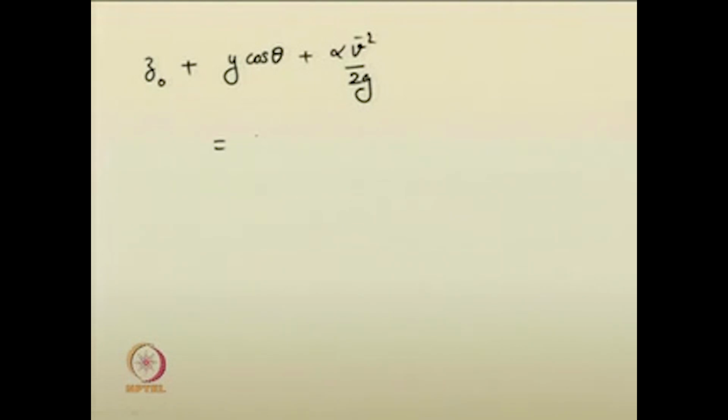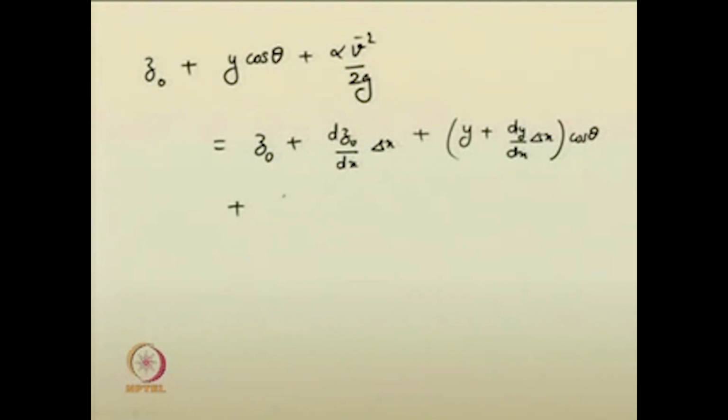This is equal to z0 plus dz0 by dx del x plus y plus dy by dx del x into cos theta plus alpha by 2g into V squared plus d by dx of V squared into del x, plus the head loss.